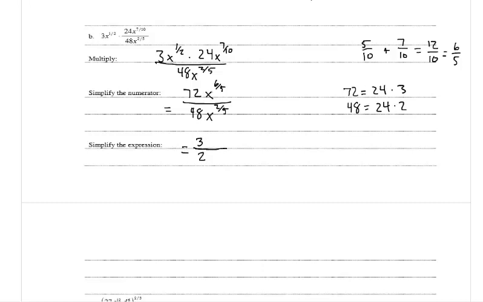And x to the 6/5 divided by x to the 2/5, we're dividing variables, so we're going to subtract their exponents, and 6/5 minus 2/5 is 4/5. So we have 3x to the 4/5 divided by 2.